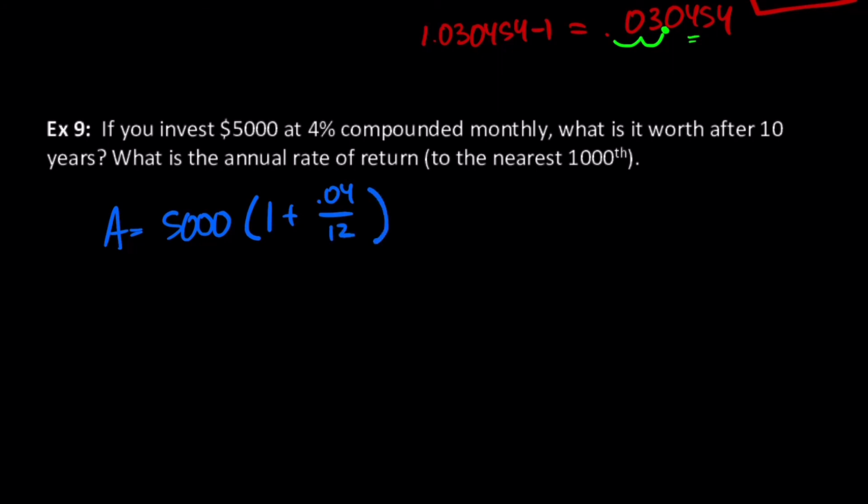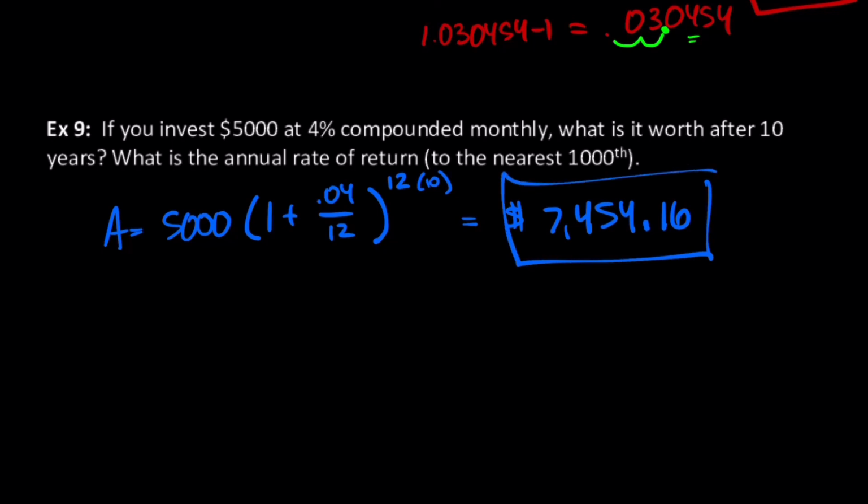All of that to the 12, and remember, these two numbers are always the same. The number of times you compound in a year, then you have to multiply the number of years by that because you're compounding that many times more. Okay, and our years here is 10. All right, that's just straightforward. Plug into the calculator. Let's see what I got. $7,454.16.